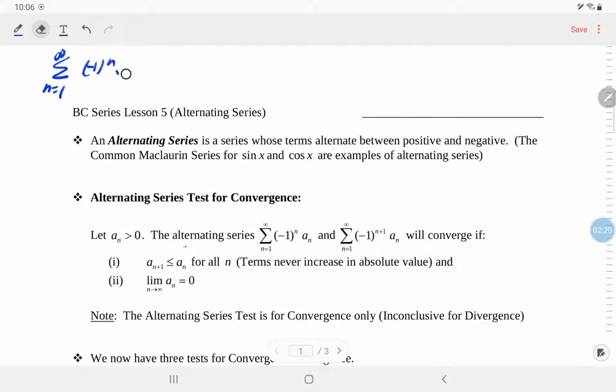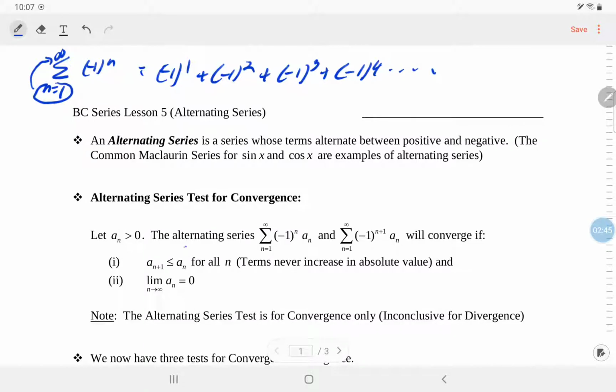So why does this alternate? Okay, well, I'm going to ignore the a sub n, whatever the other thing is, but here's why it alternates. If I start at 1, my first term would be negative 1 to the power 1. Now I'm working my way up to infinity, so my next term would be negative 1 squared, and then negative 1 cubed, and negative 1 to the 4th, and so on and so forth.